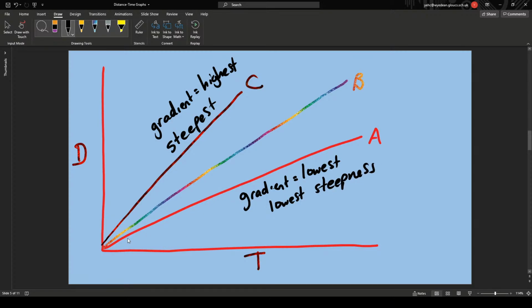It's not very steep at all. It has a very small rise over run. And remember, gradient in a distance time graph is a measure of speed. When you calculate for gradient, you are calculating the speed. So if the gradient is the highest, the speed is also going to be the highest. And if the gradient is lowest, the speed is also going to be the lowest. And then B is obviously in the middle.